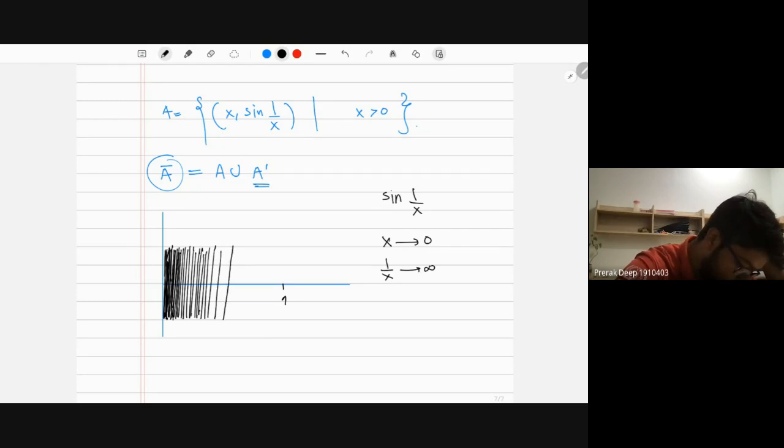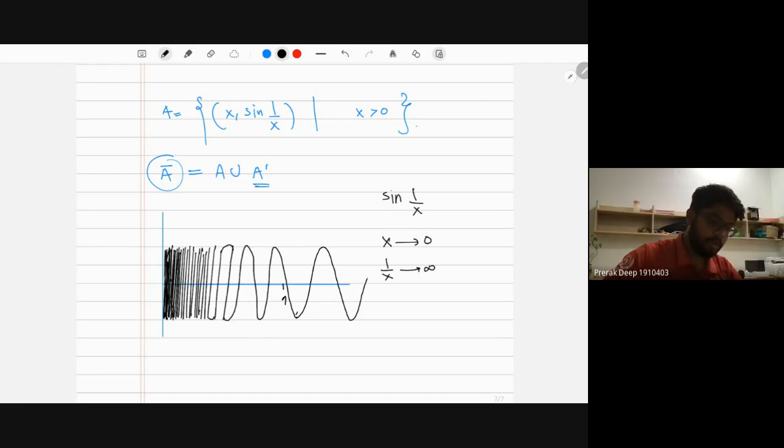Now let me draw this. So this is the sin(1/x) graph.